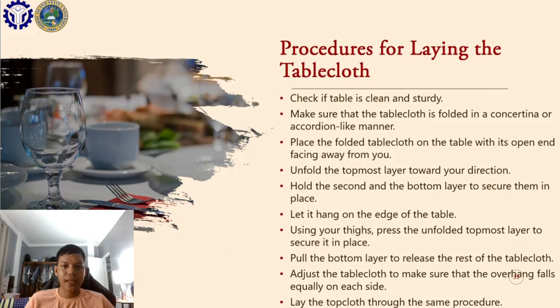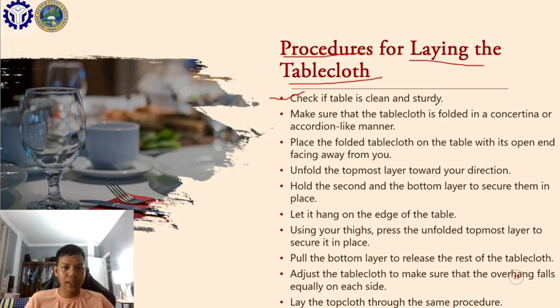Okay. Next, there are procedures for laying the tablecloth. For example, if we will change the tablecloth, there is a certain procedure that we need to follow in laying the tablecloth. Number one, we need to check if the table is clean and sturdy.